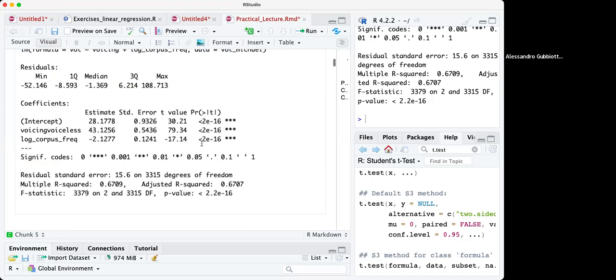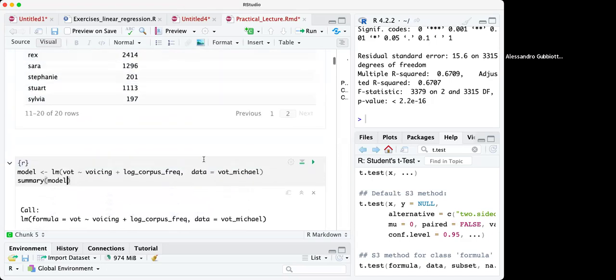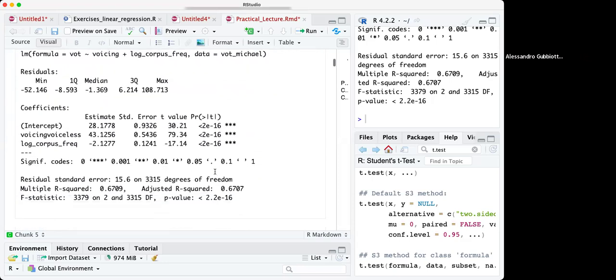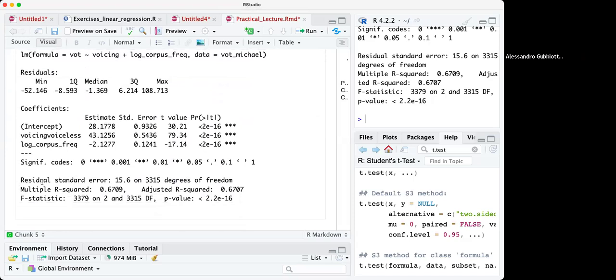So I recall that we have seen the statistics. What do the statistics here mean? The multiple R squared is how much variance you are able to explain.